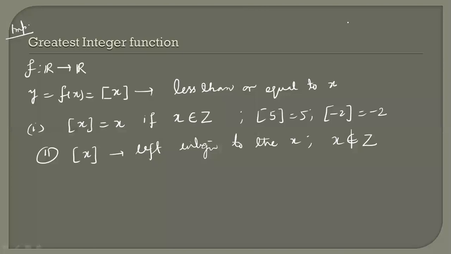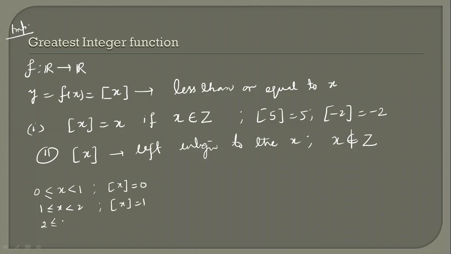If we draw the graph of this function, we can see that if x is between 0 to 1, then the greatest integer x will be 0. Between 1 to 2, it will be 1.